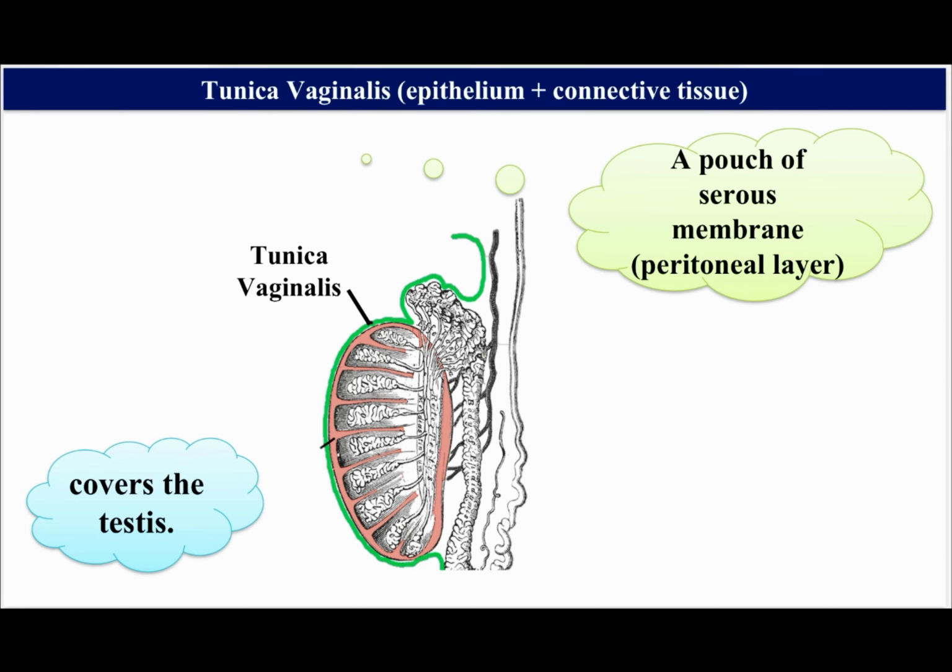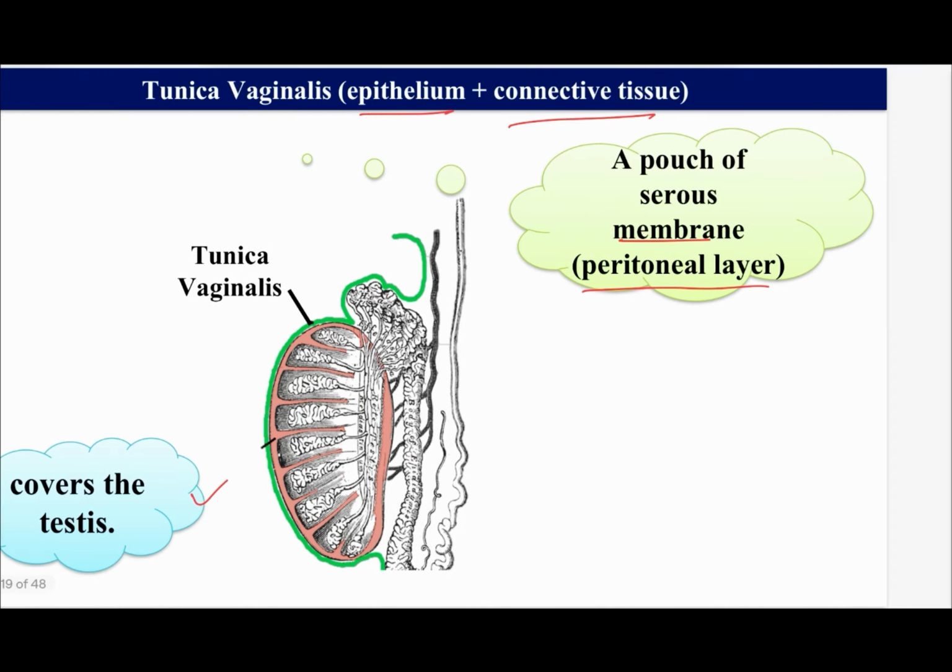The tunica vaginalis covers the testis, and it is a pouch of serous membrane, that is, a peritoneal layer.